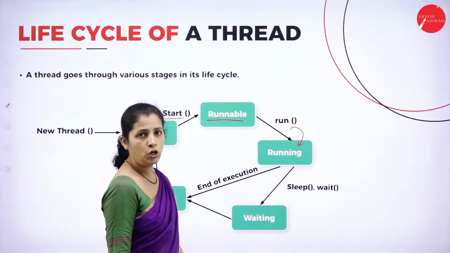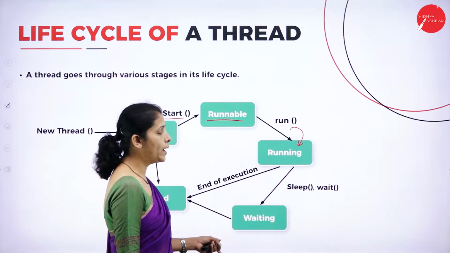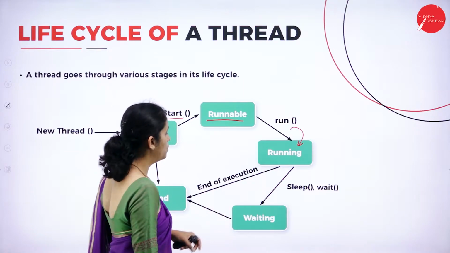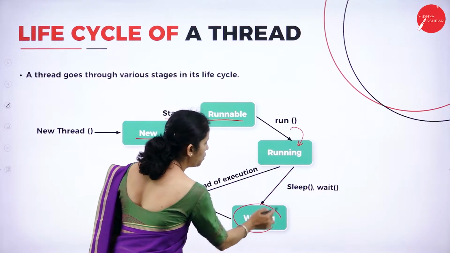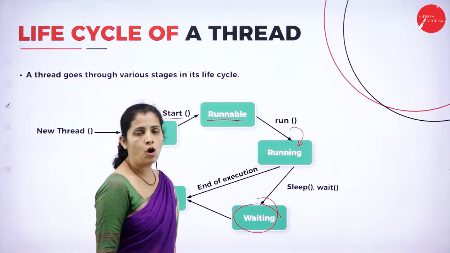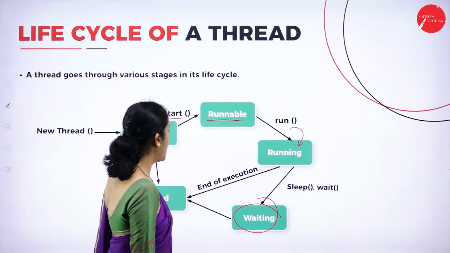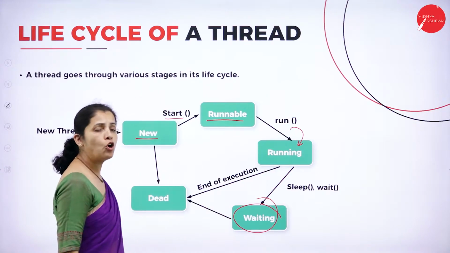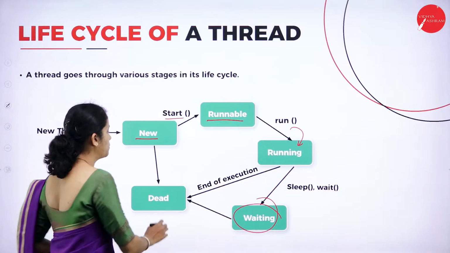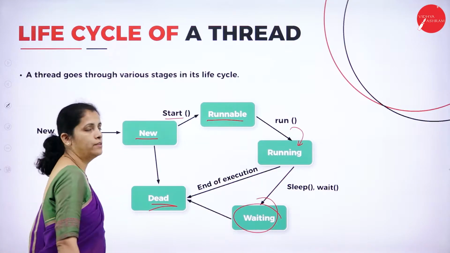If I want to halt or wait or sleep, then I'm going to call the sleep function or wait function. And if I want to stop execution, then I'm going to call the dead function.